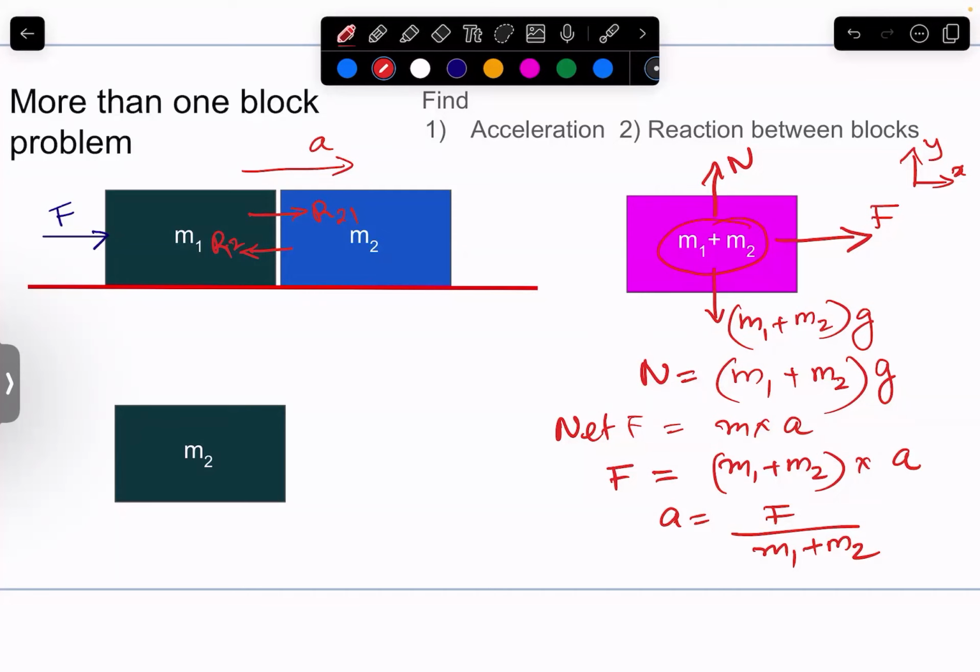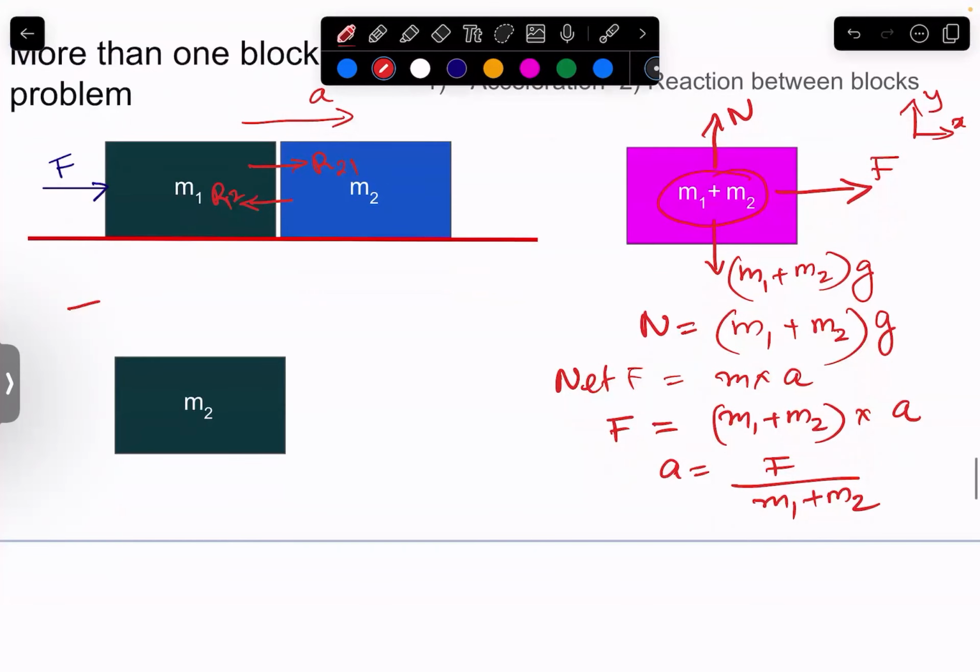Okay. So now the free body diagram of M2: we have to consider the external forces that are acting on M2 alone. So what are the forces acting on M2 here? F is actually acting on M1, right? So F is on M1, and R12 is on M1.